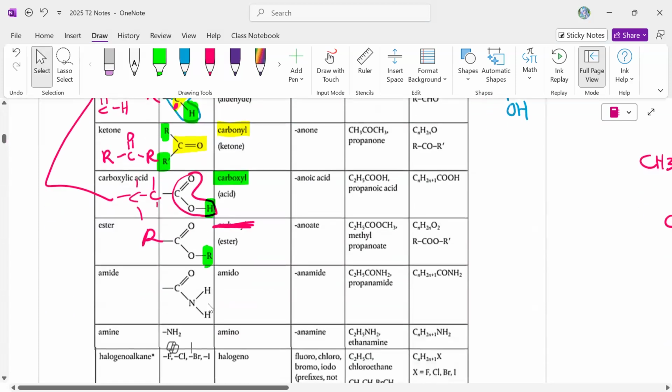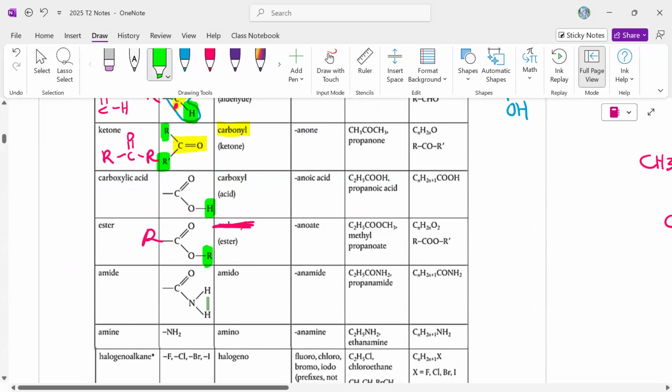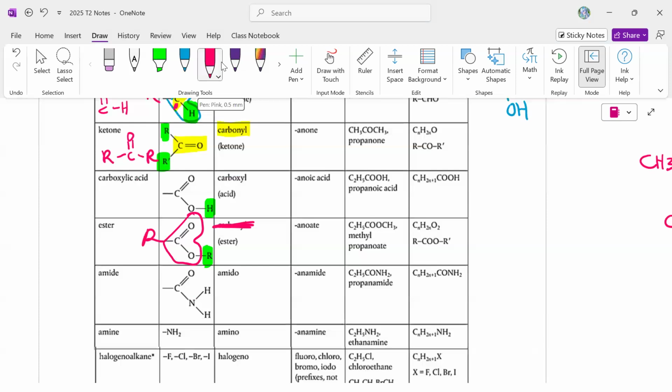Another thing is that there's no such thing as double counting. Altogether, RCOOR is called an ester. So you cannot break it out and say, oh, I see a carbonyl and I see an oxo. No. It is together forming a group called ester.